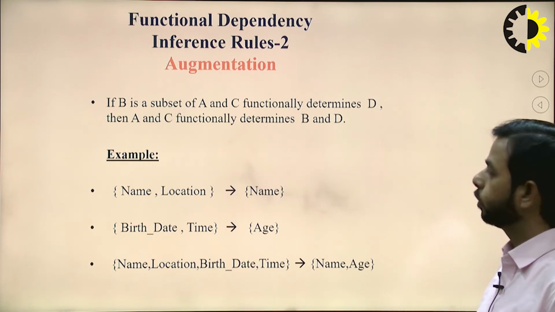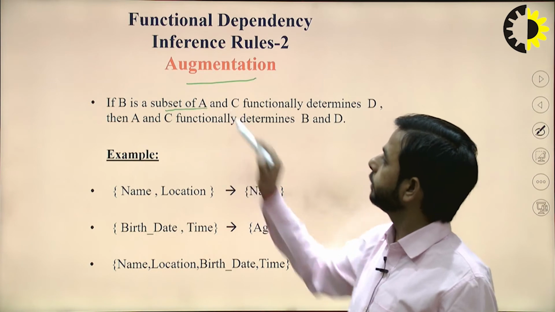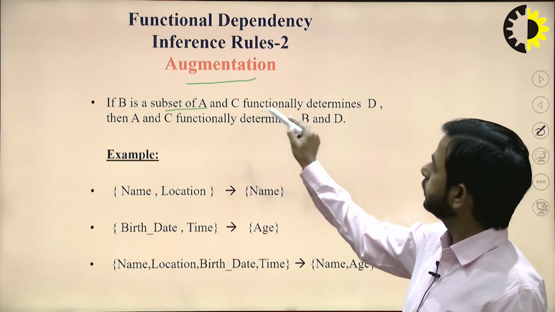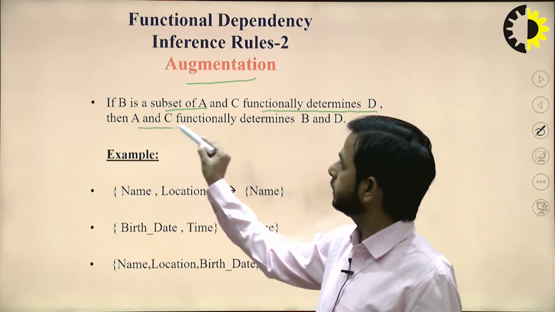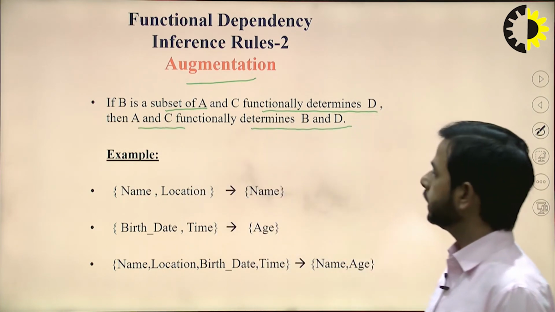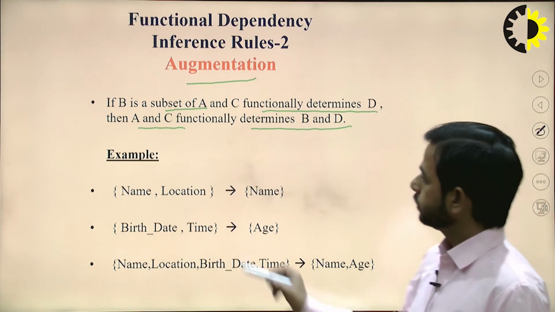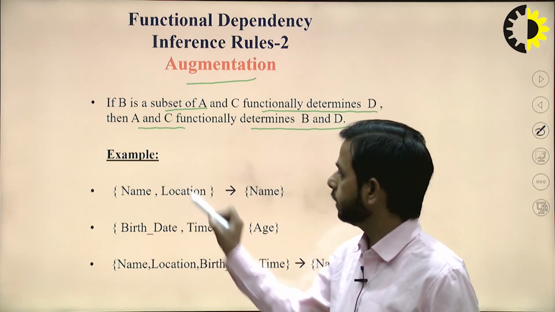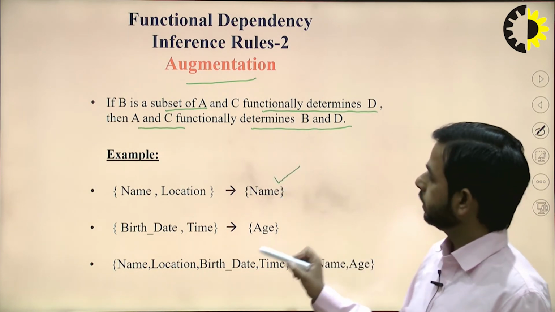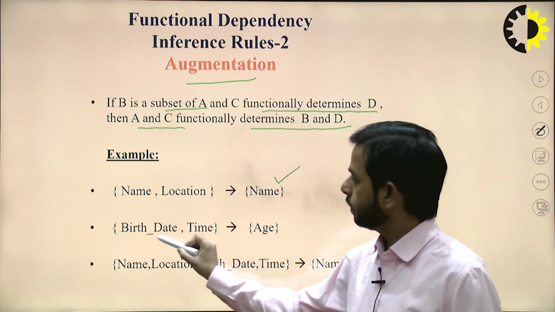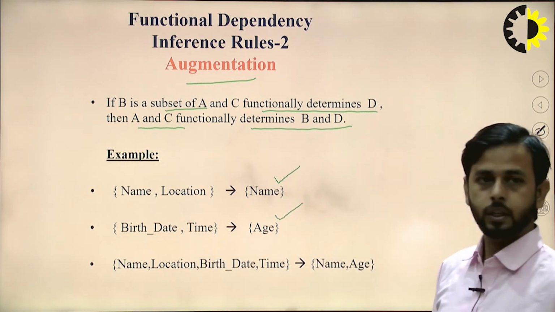Next, see the augmentation. If B is a subset of A and C functionally determines D, then A and C functionally determine B and D. Okay, so what does it mean? Suppose we know the name and location, then we can identify name. Next, if we know the birth date and time, then we can identify age.